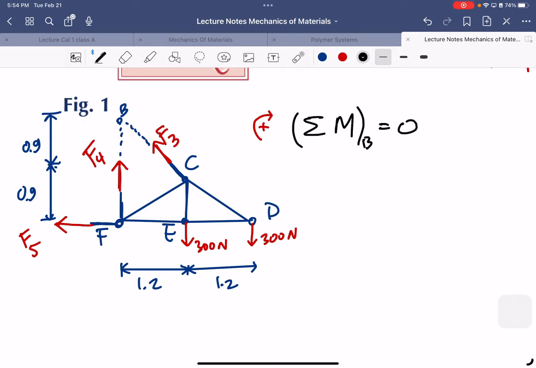So first, let's look at this point B. Okay, 300 goes here. This is B here, right? So 300 multiplied by 1.2. Oh, I should write the unit.